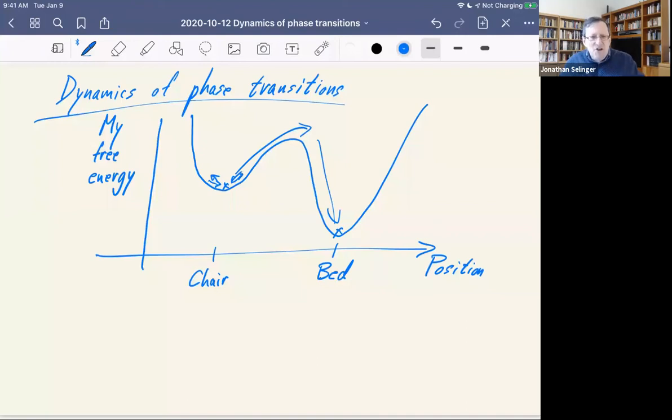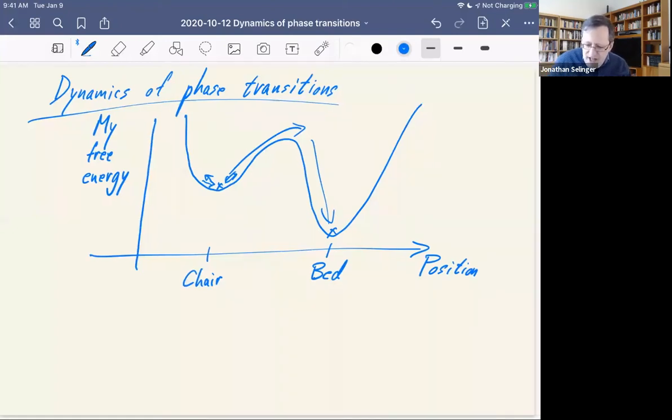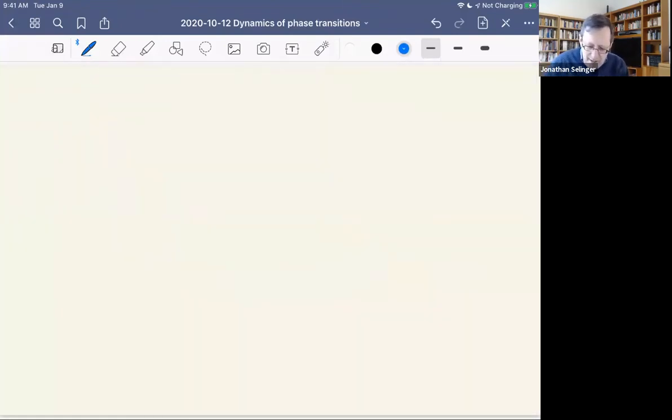So physical systems are like that also. Okay, and so to make a specific illustration of that, let's go back to the Ising magnet. And let's look at the phase diagram.